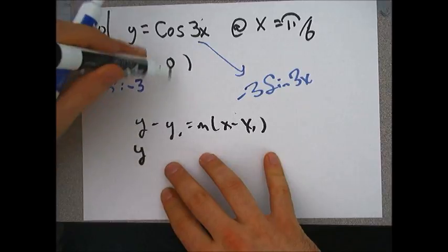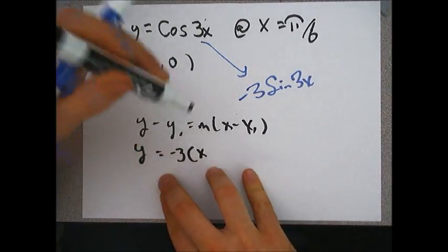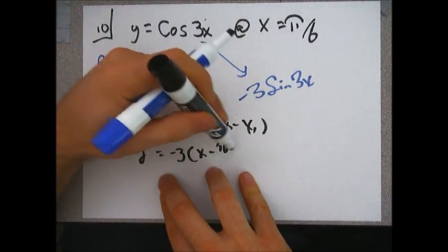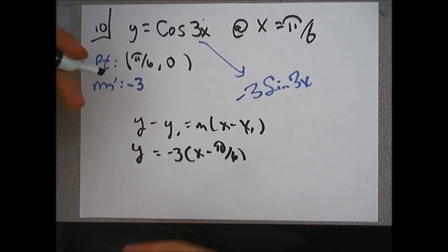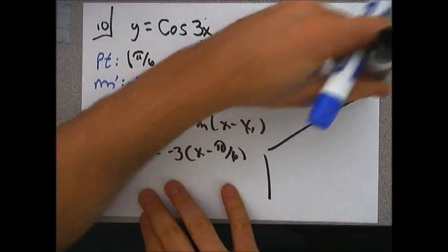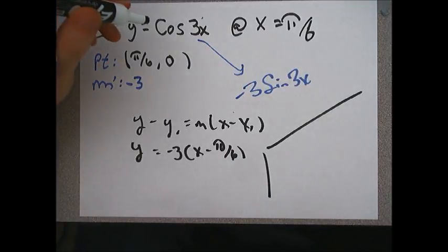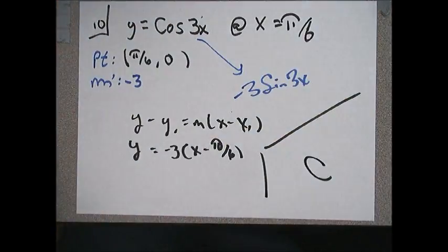Y minus 0, I'm not going to write it because that's just y, is equal to negative 3 times x minus pi over 6. Then take a look at the choices. This is the one, they wrote it in this format. You could easily have seen it multiplied out. And that would be choice, which one is it? A, B, C. Make sense? Okay.